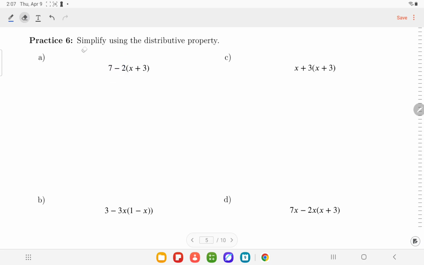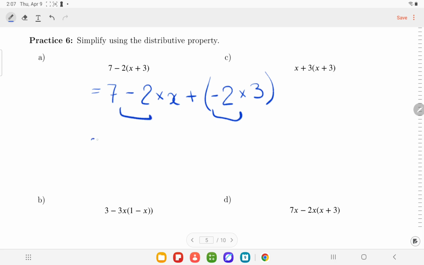So for this example, we would have 7 minus 2 times x plus negative 2 times 3. So as you can see, we carried the negative 2. You can even write this as 7 plus negative 2 times x in brackets.